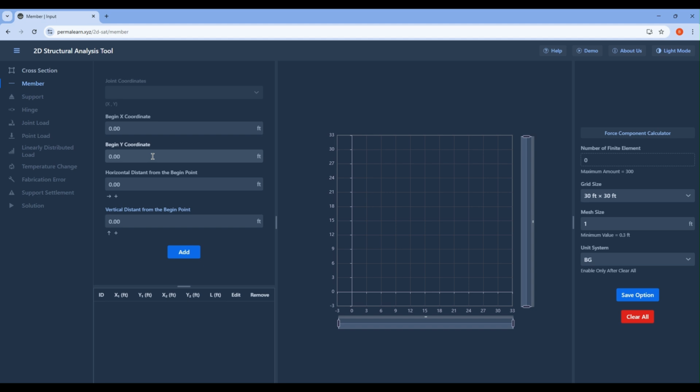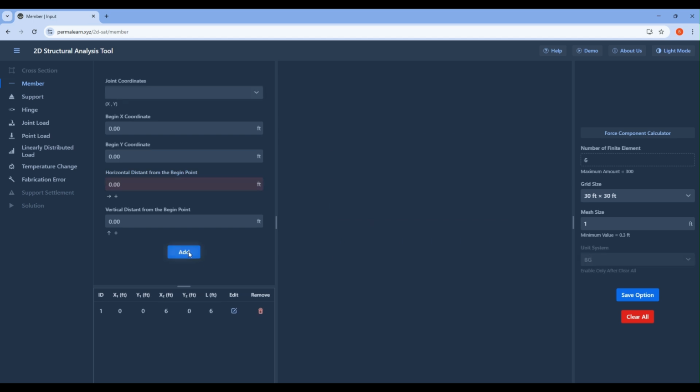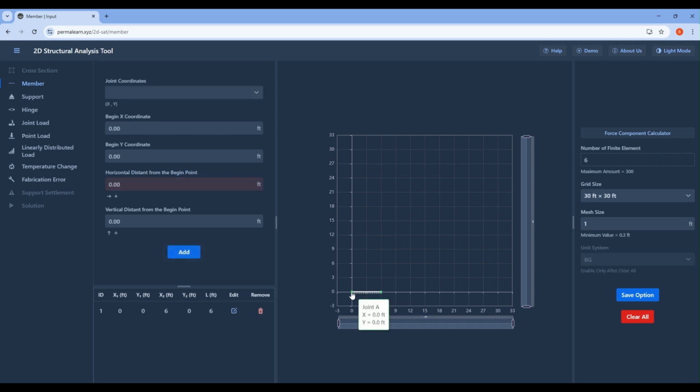For example, I want my member starting from x coordinate equal to 0 and y coordinate equal to 0 and going to the right 6 feet. Then I click add. So from point A to point B here is equal to 6. As you can see, x equal to 6 feet.